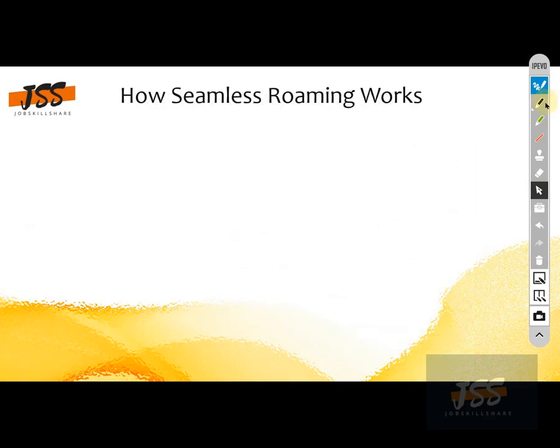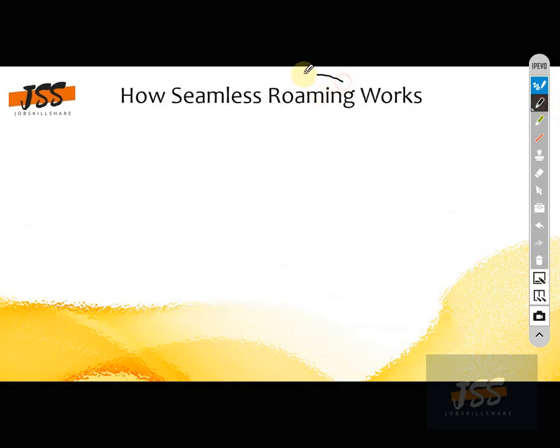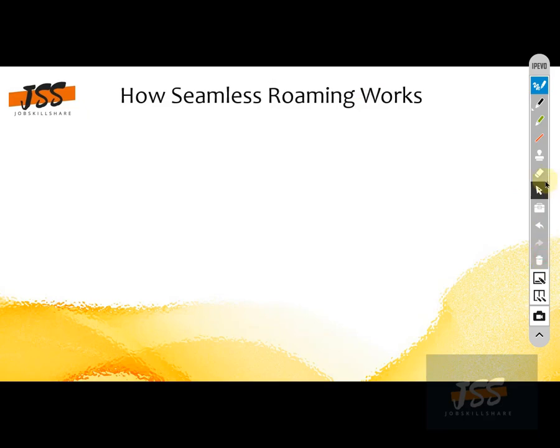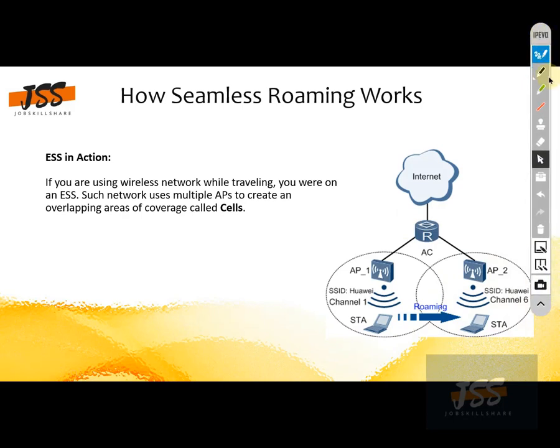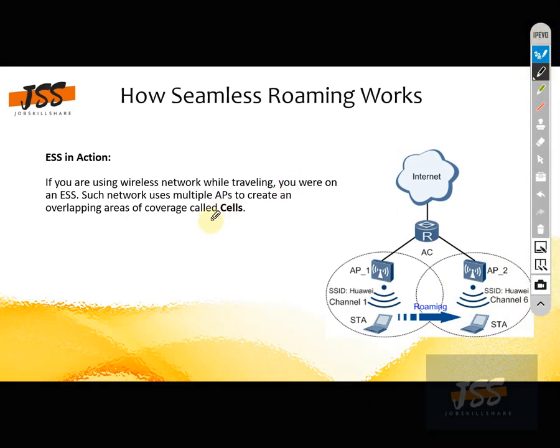Another term that is used in wireless infrastructure is called seamless roaming, or just roaming. And what does that mean? So basically, in seamless roaming, what happens? You have this one STA device or laptop, okay, and you're sitting in one channel.